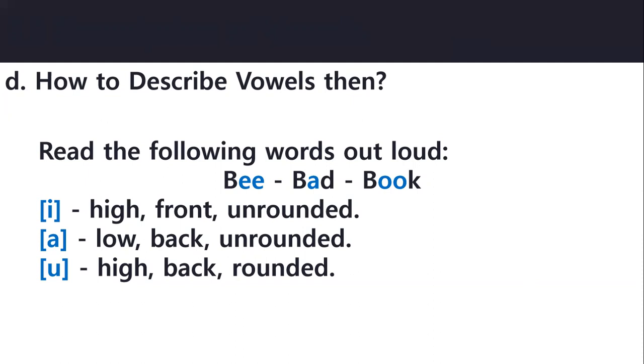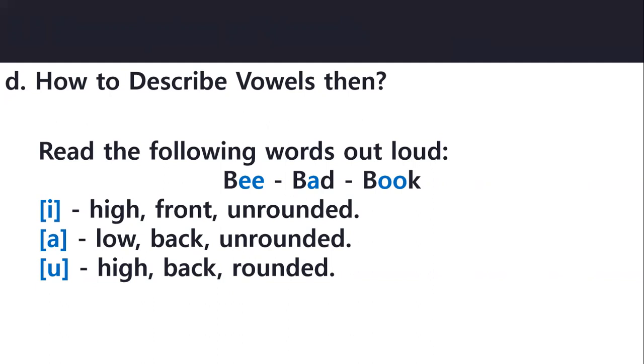Then it is high, front, and unrounded. Now for A in bad, it is produced with the lips stretched and the tongue in the lowest and most forward position possible. Then it is low, back, and unrounded.